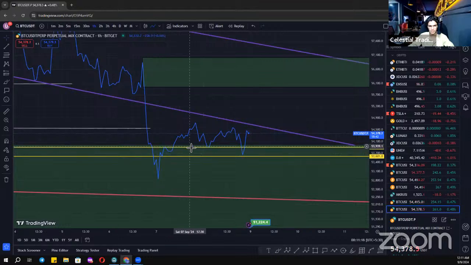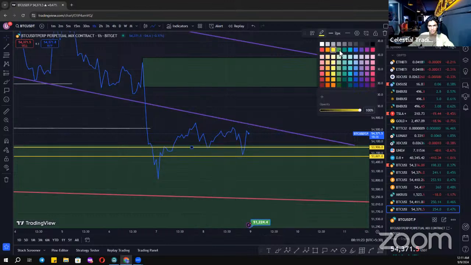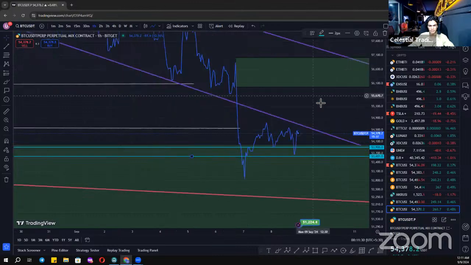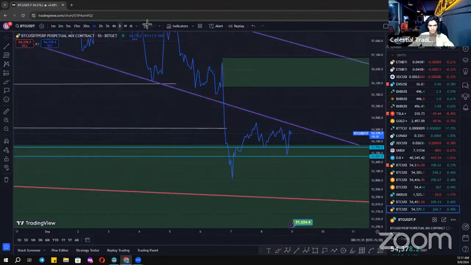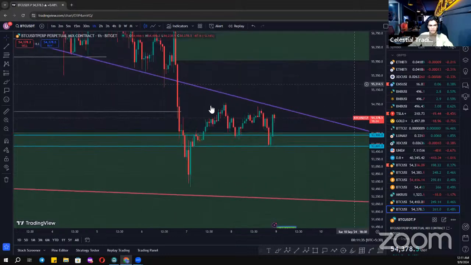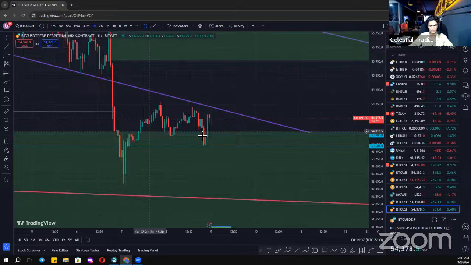Now it has become support. We'll mark them in light blue. As you can see, the market has respected these two zones, and then we have a very strong fake out in 1 hour.